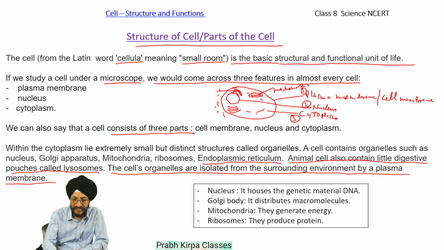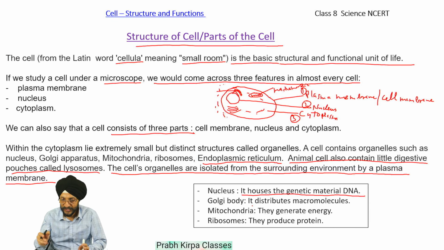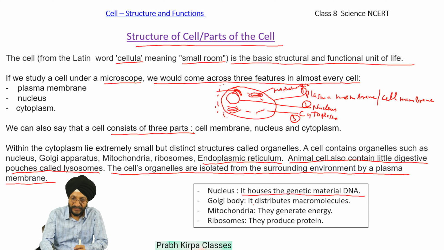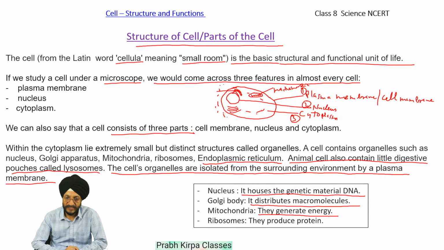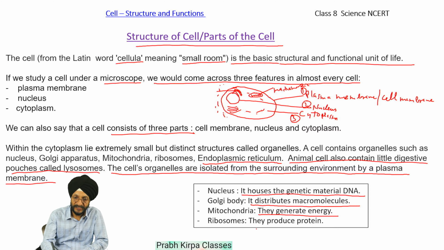So what is the nucleus? It houses the genetic material, DNA. What is the Golgi body, also known as Golgi or Golgi apparatus? It distributes macromolecules. Mitochondria generate energy, and are also known as the powerhouse of the cell. Ribosomes produce protein.